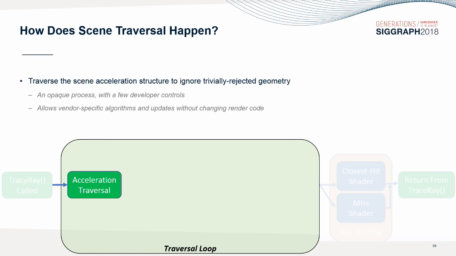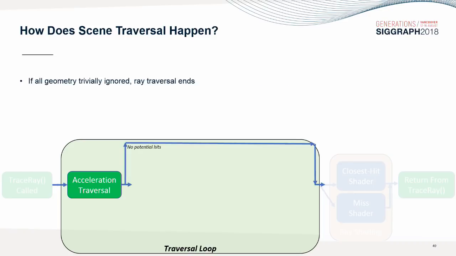Now let's look through the traversal loop. The first thing that happens is your ray goes into some green box here, some opaque acceleration process by which the GPU and the driver combined find out what sort of objects might be potential hits for your ray. If you don't find any, you immediately leave this loop and go run your miss shader.